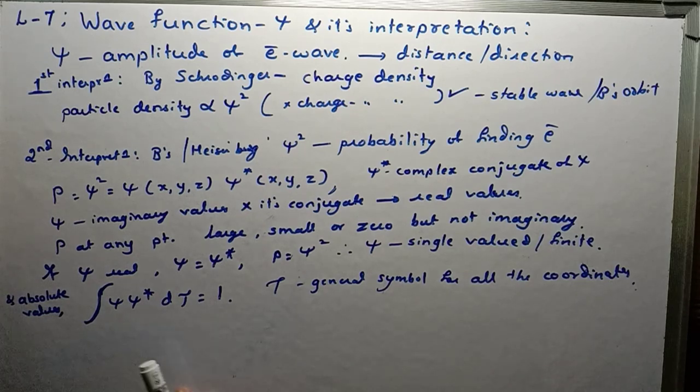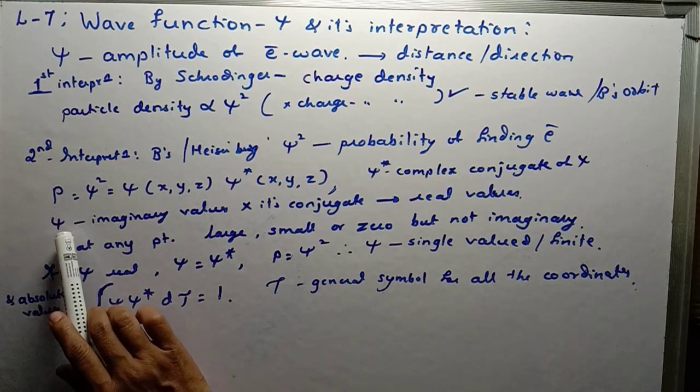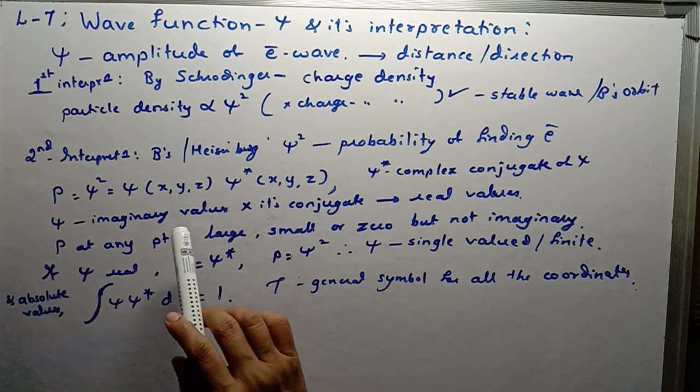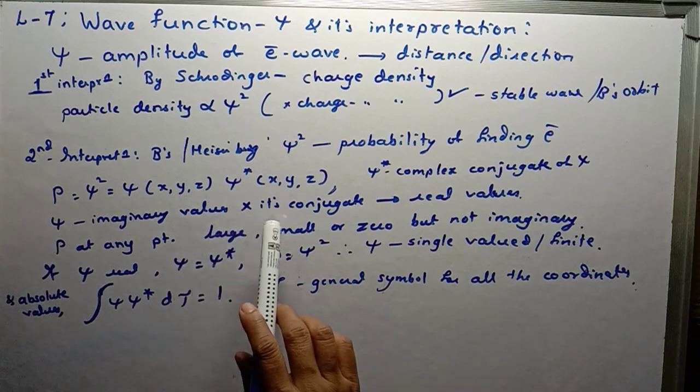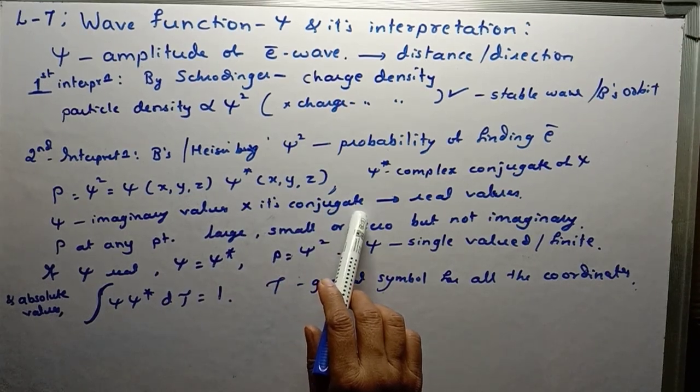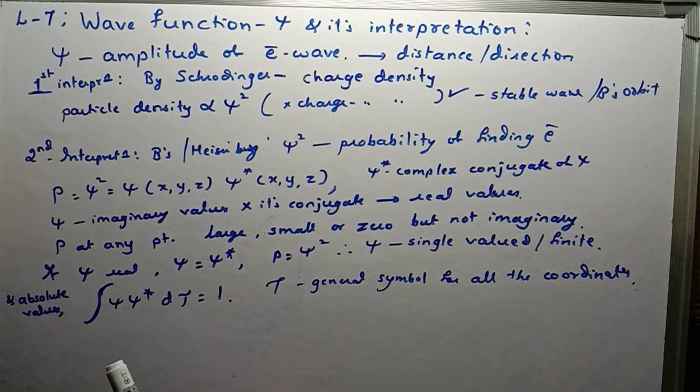If psi has imaginary values, then when it is multiplied by its conjugate, it gives real values. This is because the probability of finding the electron at any point may be large, small, or zero, but it can never be imaginary.